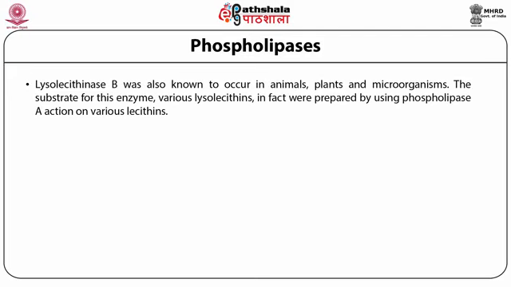Lysolecithinase B was also known to occur in animals, plants and microorganisms. The substrate for this enzyme are various lysolecithins, which are in fact prepared by using phospholipase A action on various lecithins.